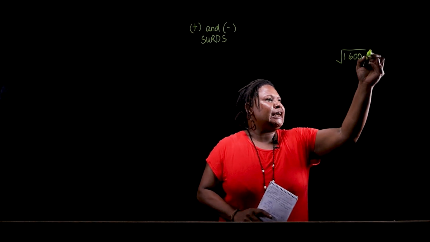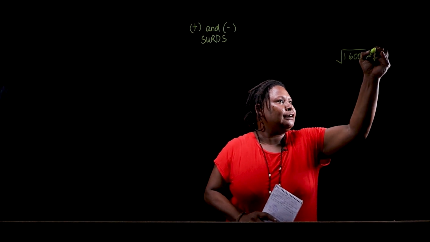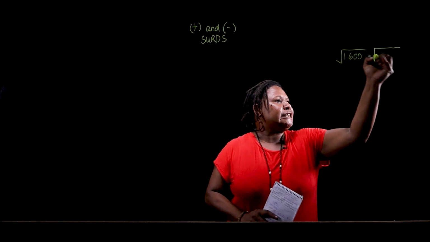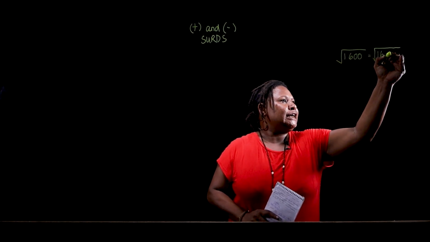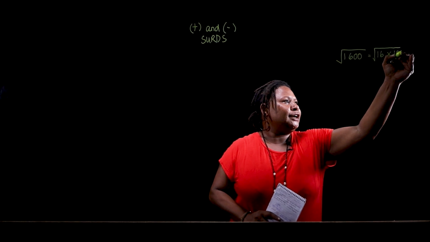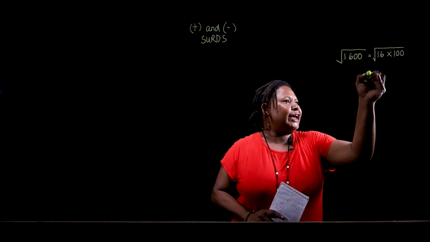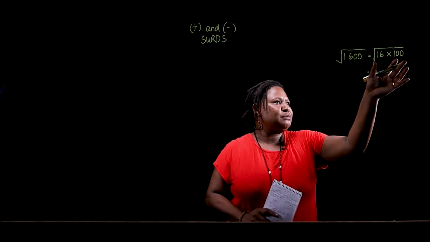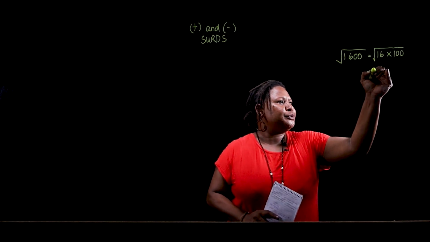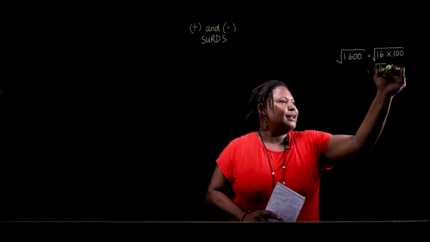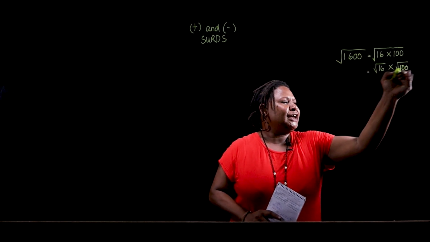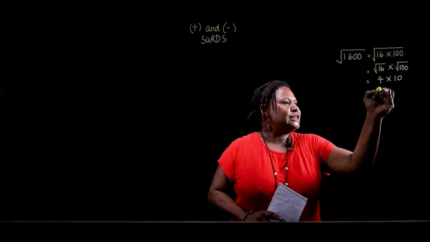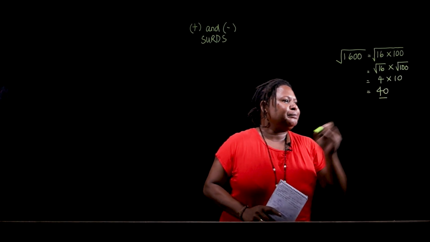In this case, we are going to use 16 times 100. Both are square numbers. So we take the square root of 16 multiplied by the square root of 100 to give us 4 times 10, which is equal to 40.